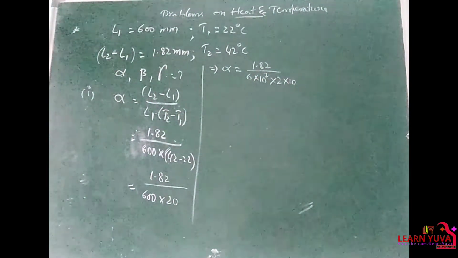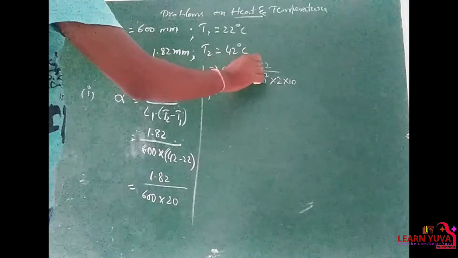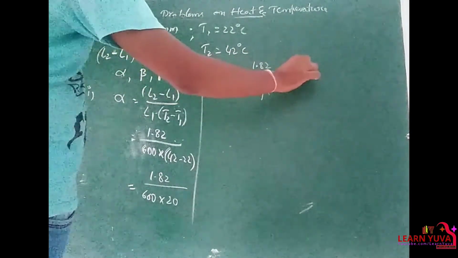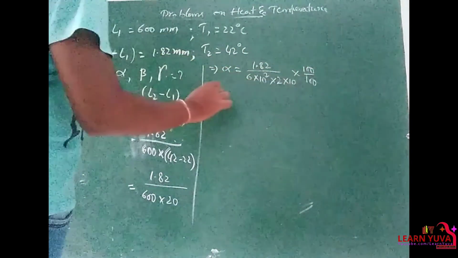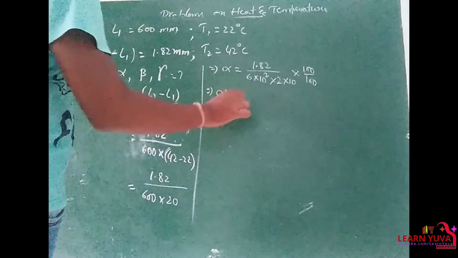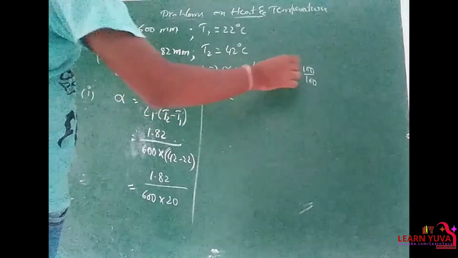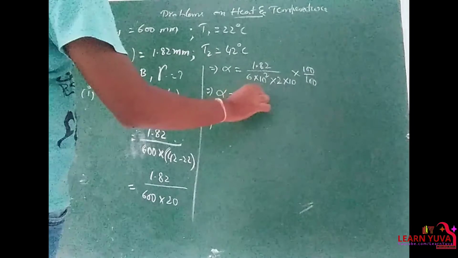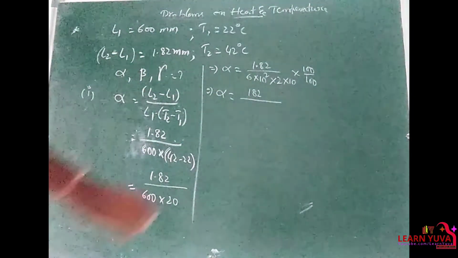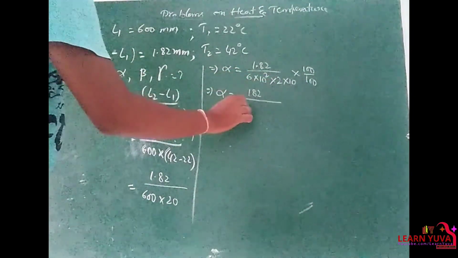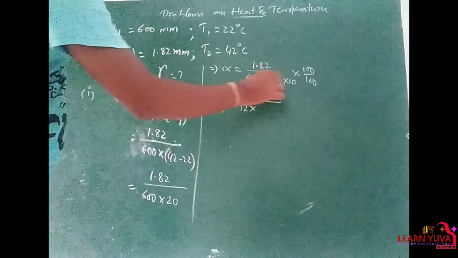After the decimal point in the numerator there are 2 digits, so I am multiplying and dividing with 100. Then alpha is equal to 1.82 into 100, which gives 182, by 6 into 2, 12, into 10 power 2 into 10.